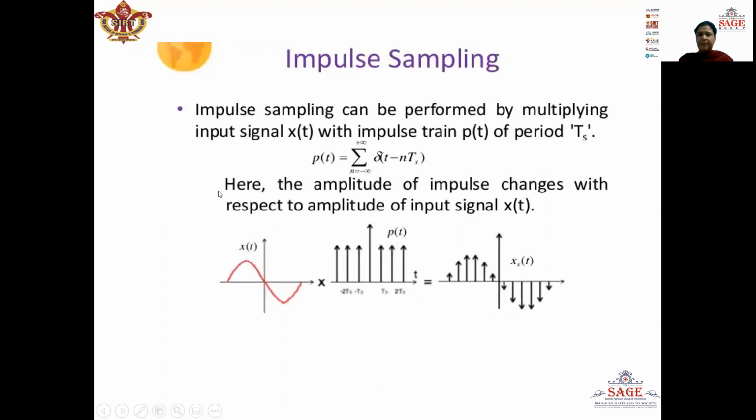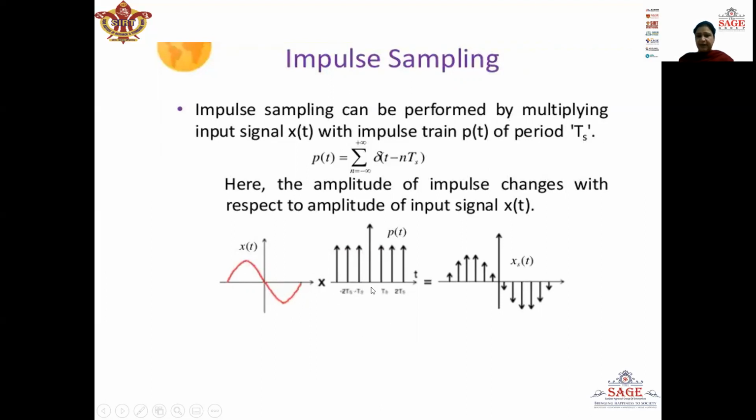First, we will consider impulse sampling, which, as I have told, is also known as instantaneous sampling or ideal sampling. Impulse sampling can be performed by multiplying the input signal with an impulse train p(t), which is a periodic signal of period Ts. Here we have a message signal x(t), shown as a sinusoid.